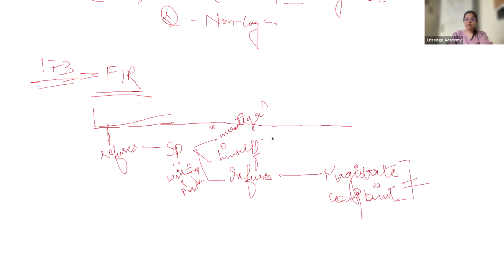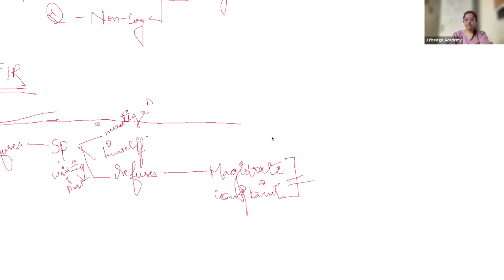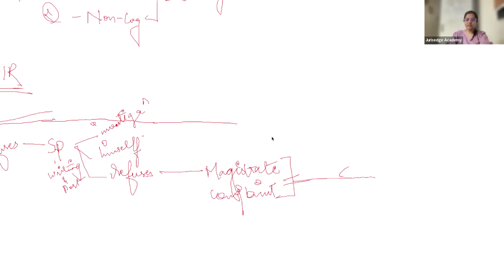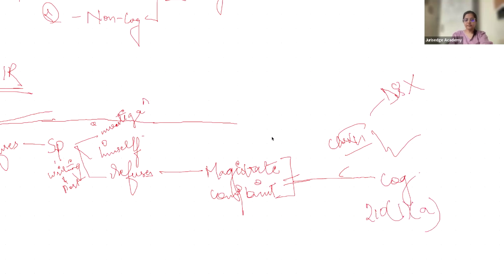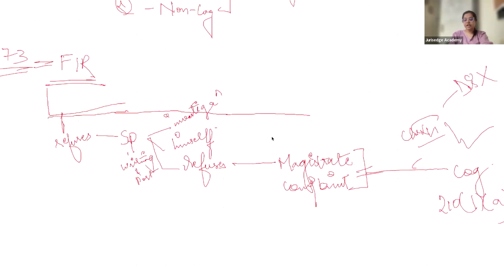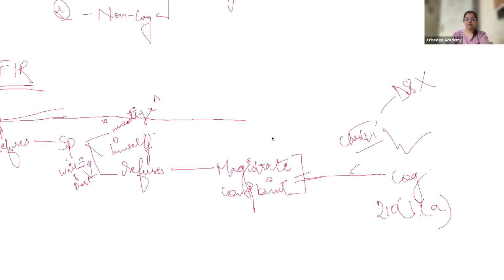Then the magistrate will see the complaint, conduct the complaint proceedings under Chapter 16. If he dismisses it, finished. If he approves it, he takes cognizance on a complaint. That is why I explained cognizance before starting with investigation.